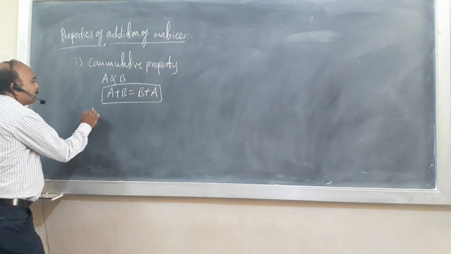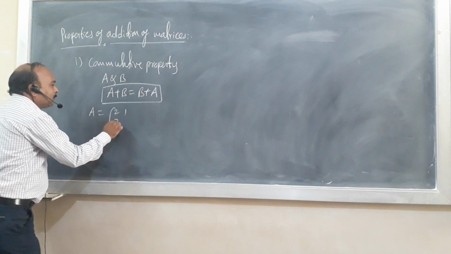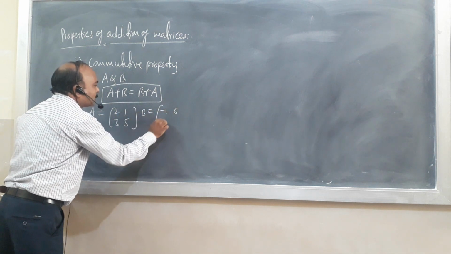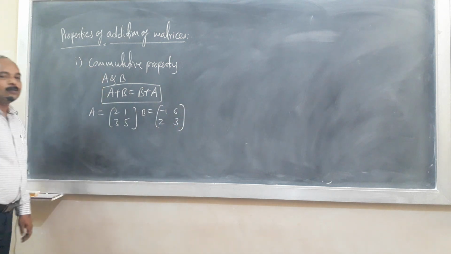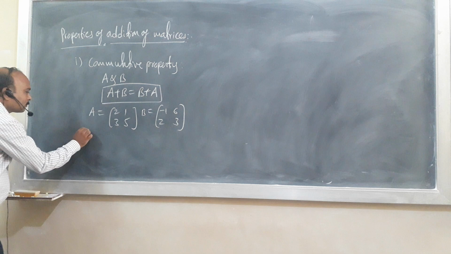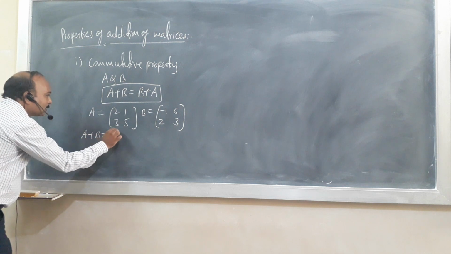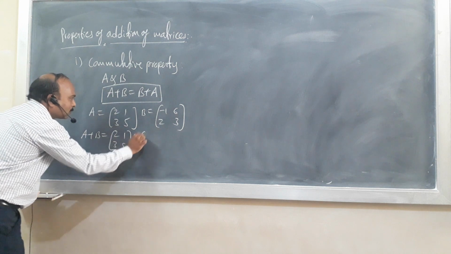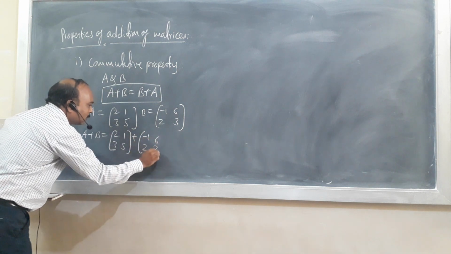If you consider A equal to 2 1 3 5 and B equal to minus 1 6 2 3, these are two matrices. If you consider A plus B, it is 2 1 3 5 plus minus 1 6 2 3.